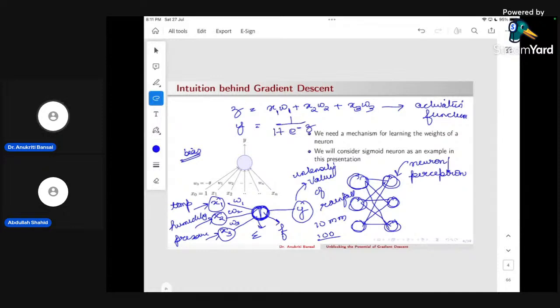This is my sigmoid activation function which I most commonly use. So after this, z goes here in this equation and it gives me the final output value. Okay. So this is about the basic neural network.